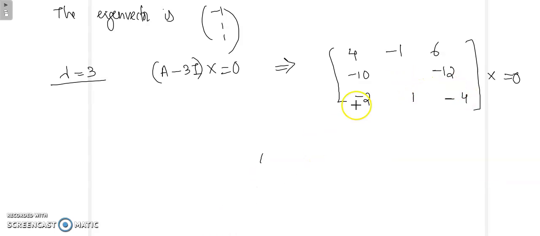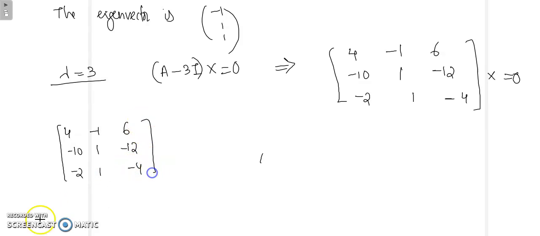Sorry, this is 1. 4 minus 3 is 1. Okay, so this is the matrix. So you have 4, minus 1, 6 and minus 10, 1, minus 12, minus 2, 1, minus 4. So take R1 goes to 2 R3 plus R1.